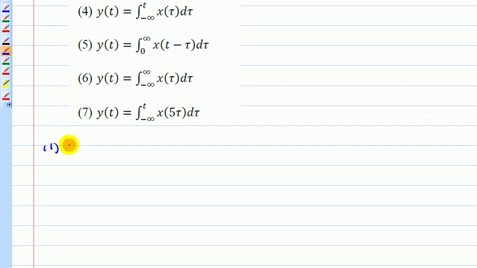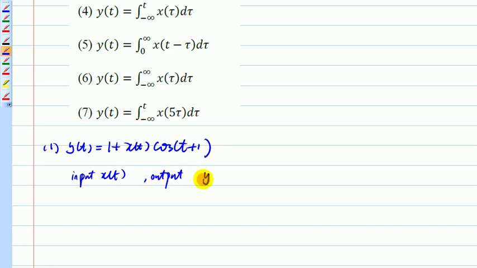The first one is y of t equal to 1 plus x of t and cosine t plus 1. First of all, we need to know what the input and the output are. Apparently, the input is x of t and the output is y of t. Now, you look at this and see t plus 1.